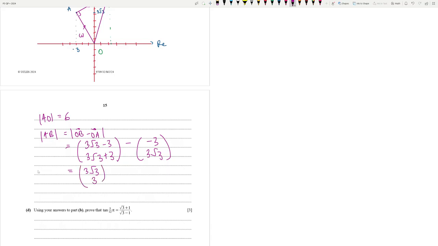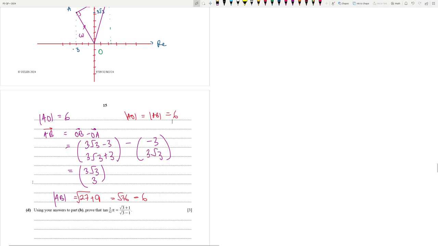This is AB. Now the absolute value of AB will be 3 root 3 whole square, which is 27, plus 9. That's root 36, which is 6. So this is also 6. So we can write that AO is equal to AB is equal to 6. So we just proved that it's an isosceles triangle.